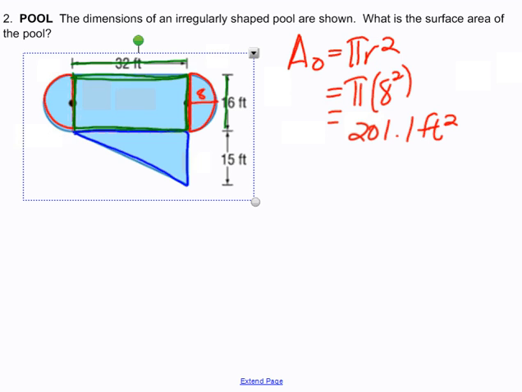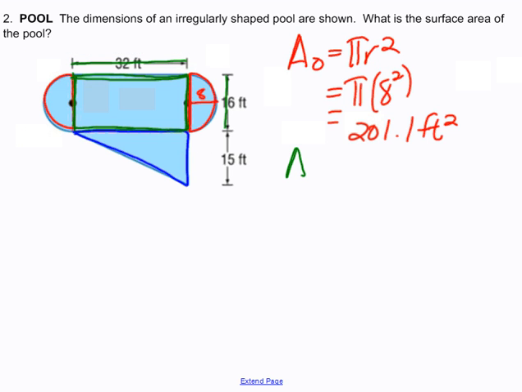So the area of the rectangle is going to be base times height, which is 32 times 16, and that equals 512.